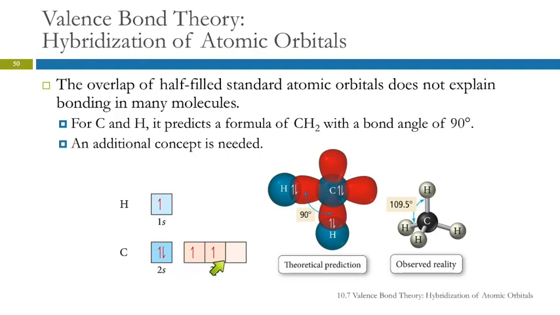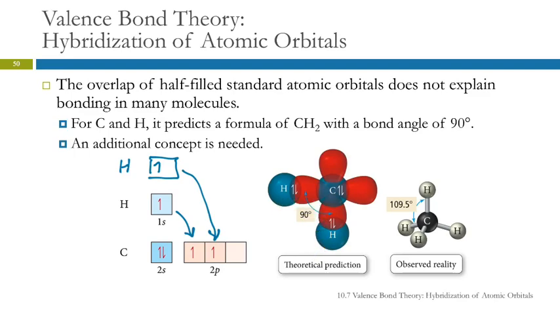So we could imagine that a hydrogen will overlap with this p orbital. We can imagine another hydrogen atom overlapping with that one. And that would give us this thing right here. We're not showing that empty p orbital because it's empty. Okay? Does that make sense? We're just overlapping things on individual atoms.